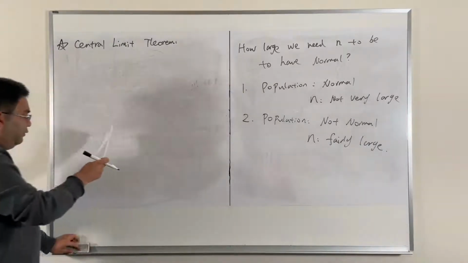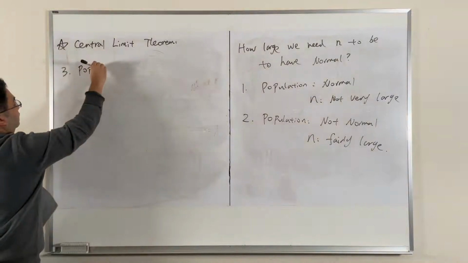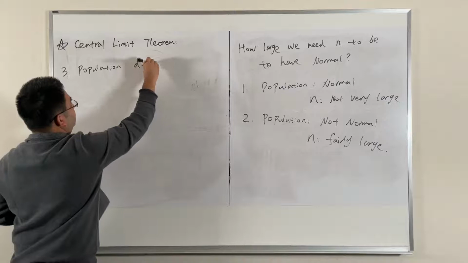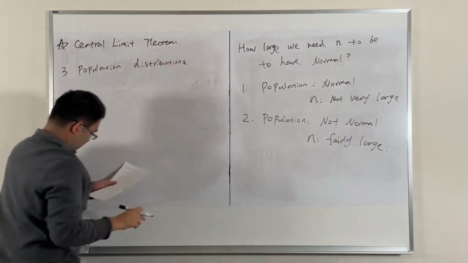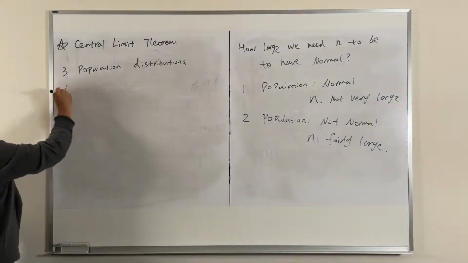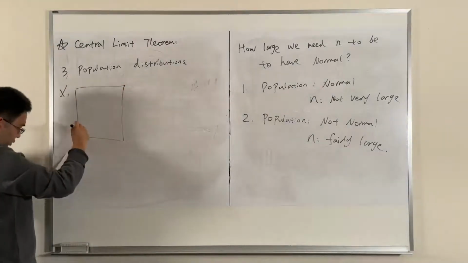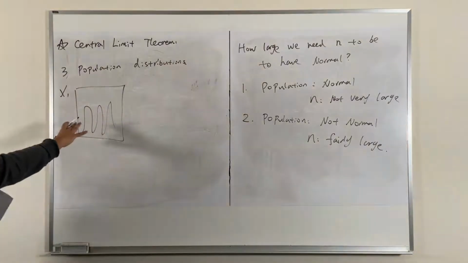So let's say we have three population distributions. Say x1, the first variable, the distribution is like this. It's just totally random. It's definitely not normal.